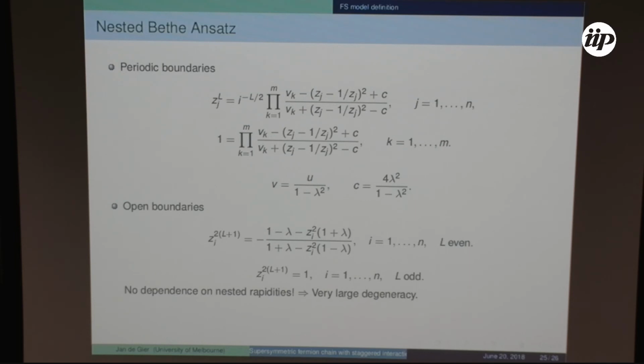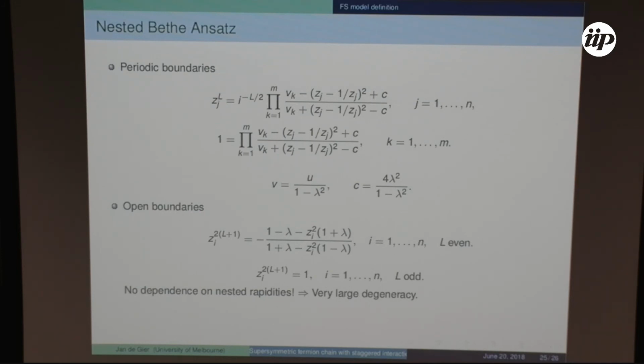Anyway, this is a manifestly lattice supersymmetric model with a mass gap, and it's integrable, and so it has some nice properties. But this is work in progress at the moment. I can't really report on that.